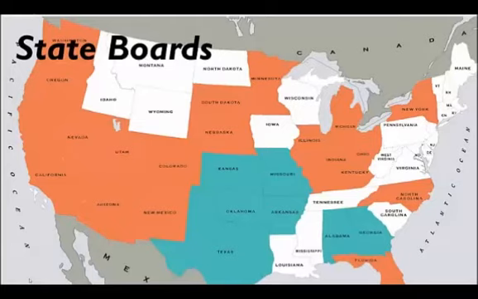Now, some states, they'll say, you can take the test as soon as you're done with your NAB accredited degree, meaning as soon as you graduate with a NAB accredited degree, either BARC or MARC, then you can begin testing and begin taking the ARE. Some states will say you have to wait 6 months before you can begin taking the first division of the ARE.